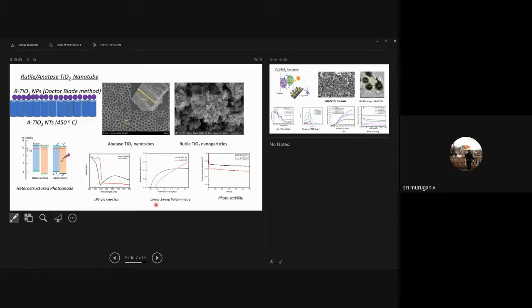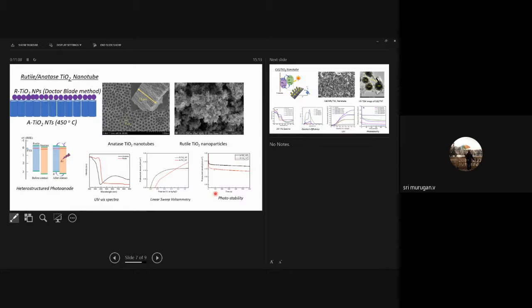After that, we conducted linear sweep voltammetry. Here you can see that this range is also extended in the rutile part.